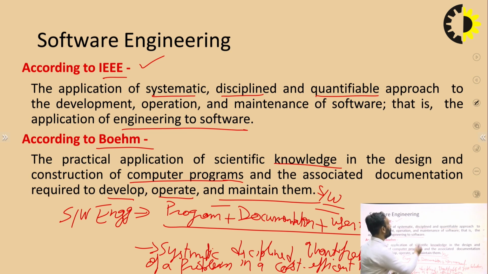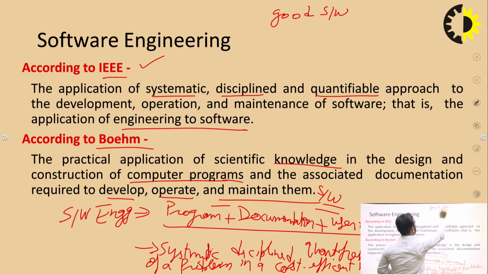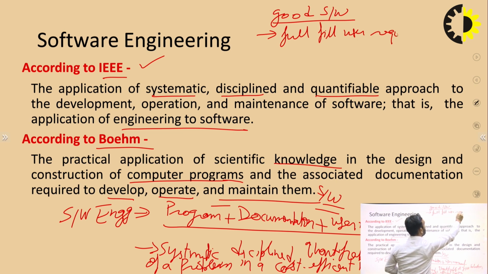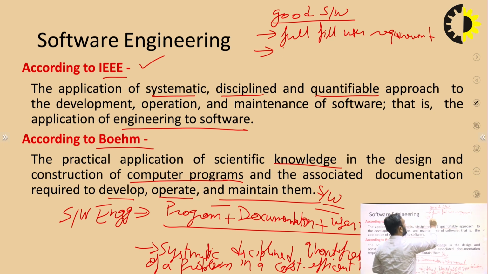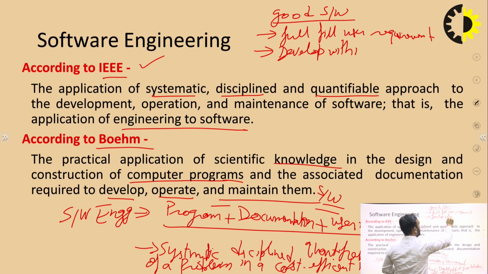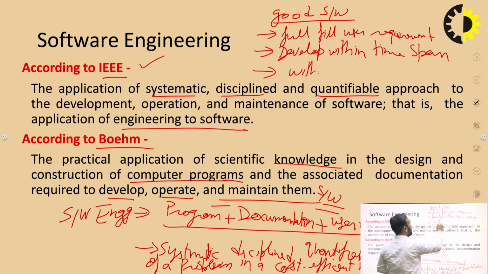If we talk about what is good software, the characteristics of good software, it consists of three characteristics: fulfill user requirement, develop within time span, or within budget.